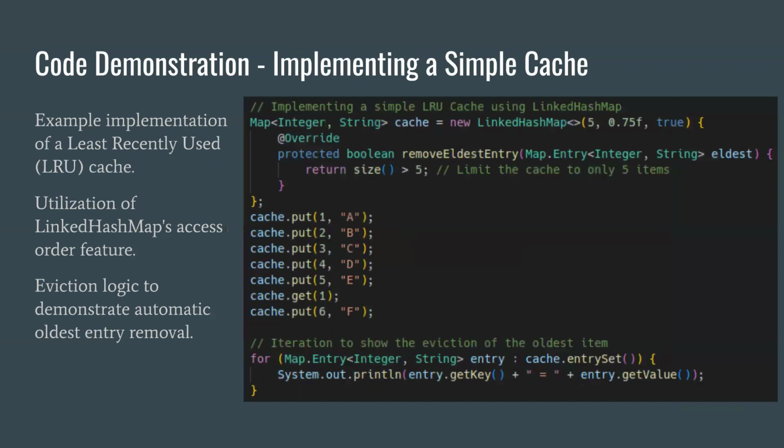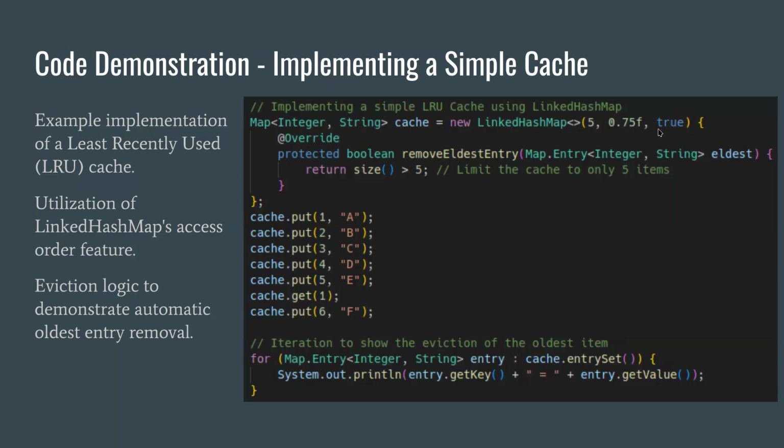Code demonstration, implementing a simple cache. We talked about an LRU cache as an example, so here is a simple example. What you want to do is use access order mode.